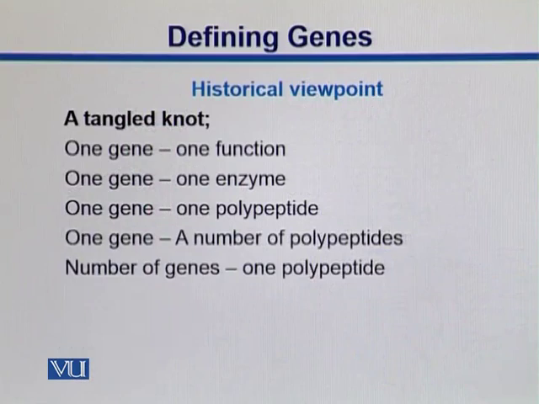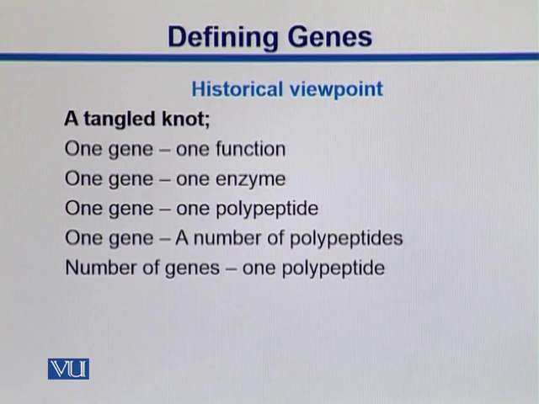If we look into the historical viewpoints, it looks like a tangled knot. Somewhere in history, they defined that one gene encodes one function. Later that definition changed, because one function may be a combination of different enzymes, and they had seen genes controlling different enzymes. So the next hypothesis was one gene, one enzyme.